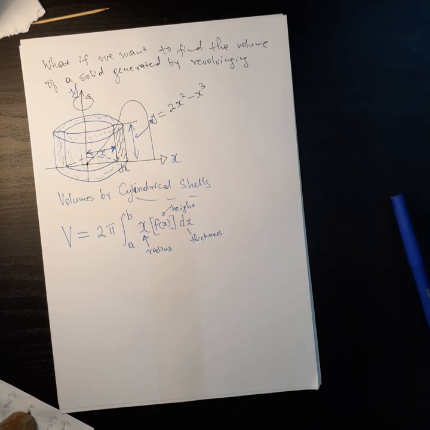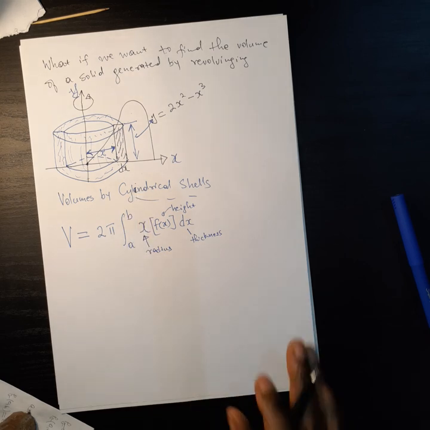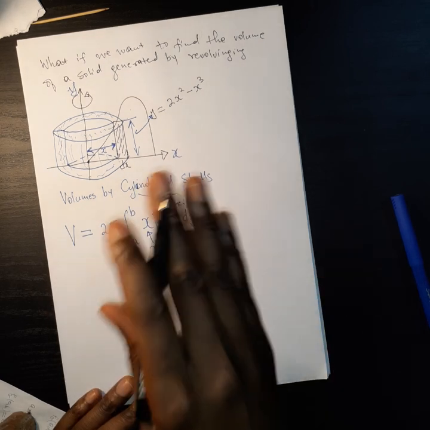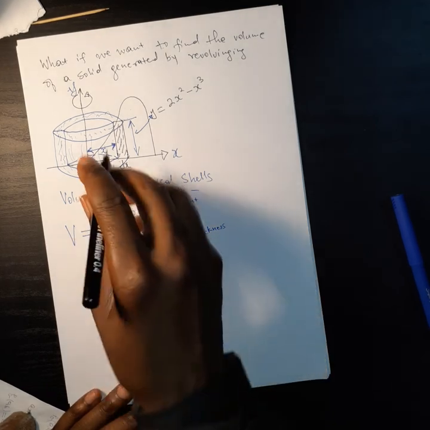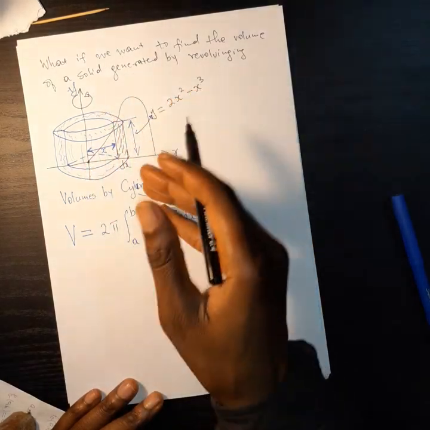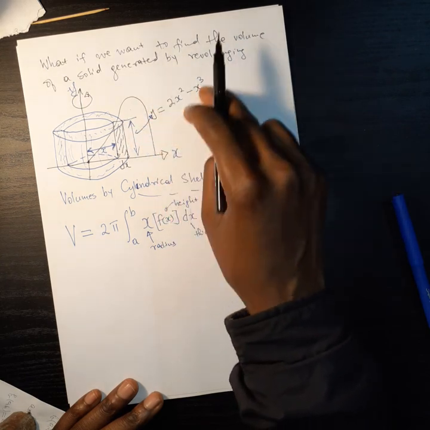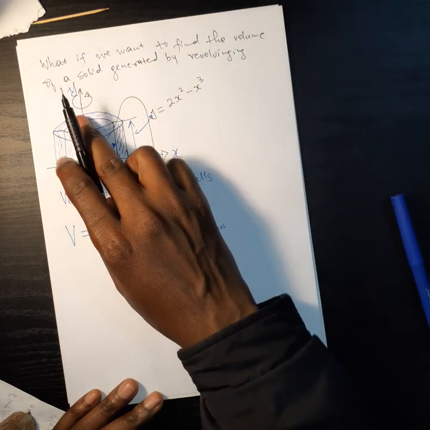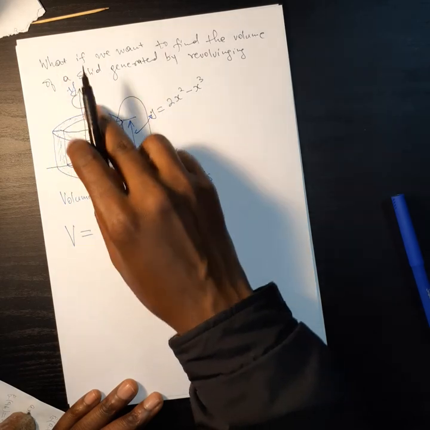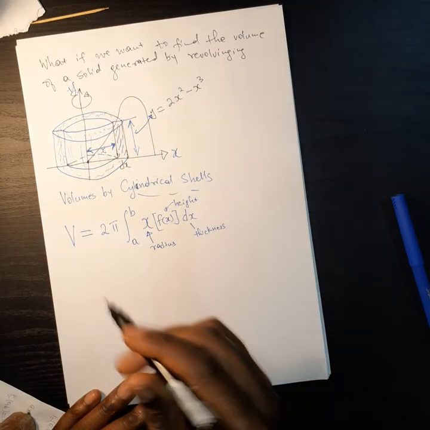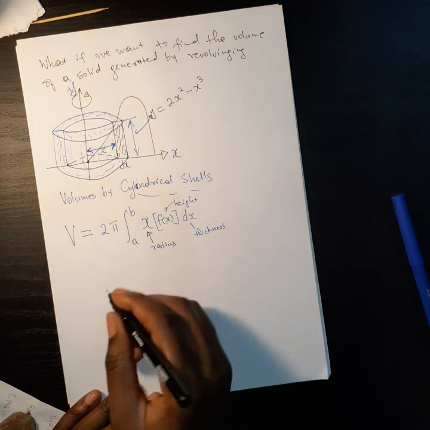So if that is out of the way, then let us go back to our problem, because we said we want to find the volume of a solid generated by revolving the graph given by this about the y-axis. And now we're going to do that.